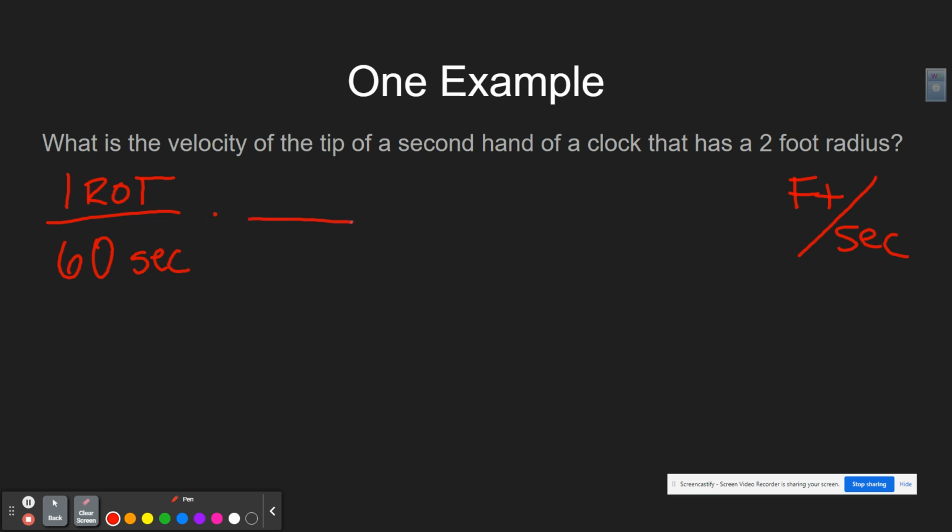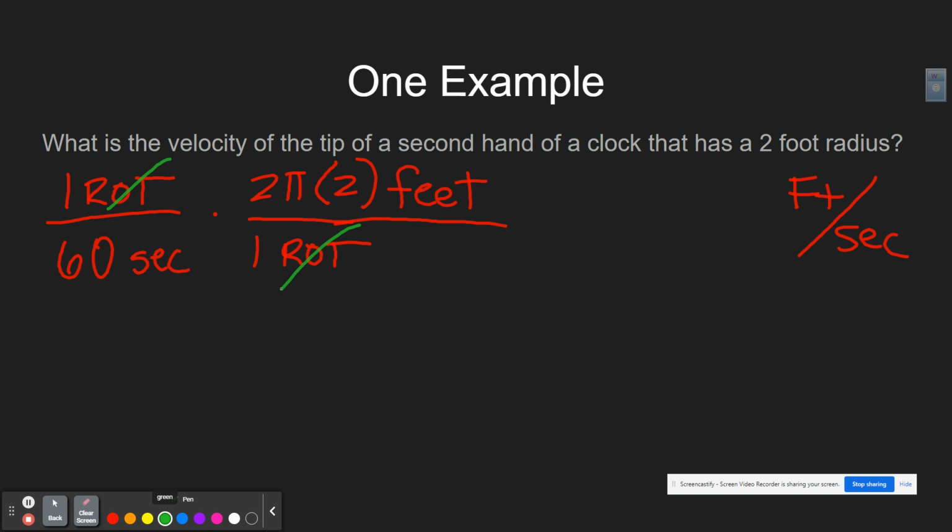So how much is one rotation in terms of feet? Oh, well, one rotation is 2 pi times r feet. And you want to write your units there or else you'll get confused of what's going on. So now rotations cancel. Look at that. We're in feet per second.